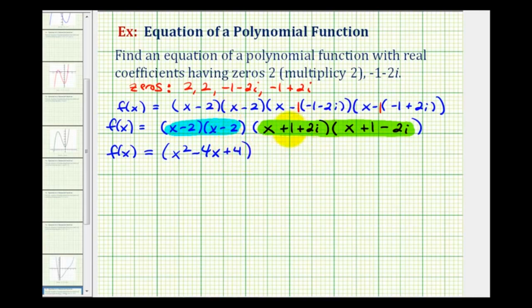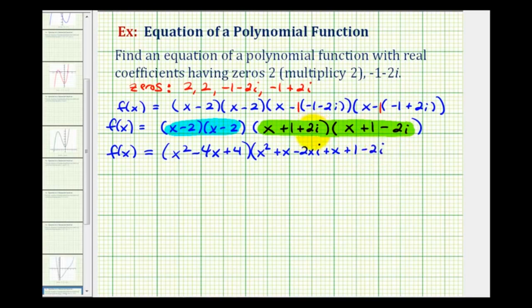Now here we have 3 terms, and here we have 3 terms, so we'll have 9 products of x times x, that's x squared, x times 1, that's plus x, x times -2i, that's minus 2xi. Then we'll distribute the 1, so 1 times x is plus x. 1 times 1 is plus 1. 1 times -2i, minus 2i.